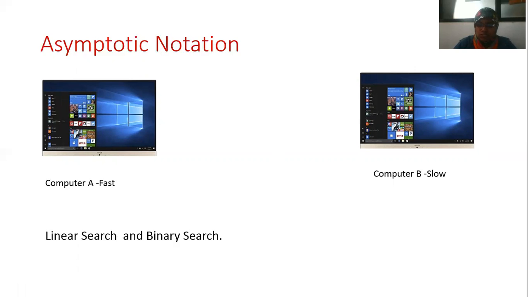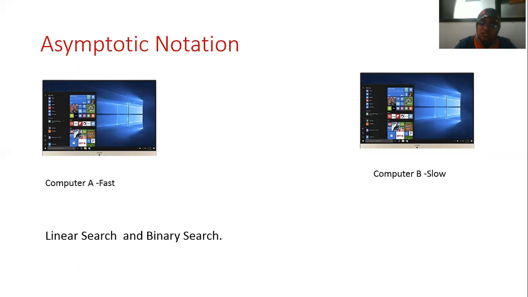But if the size of the input grows, then at some point computer A, even if it is faster, will have a very high execution time when compared to computer B, because computer B is using a binary search, and for a large number of inputs, binary search reduces the searching time.